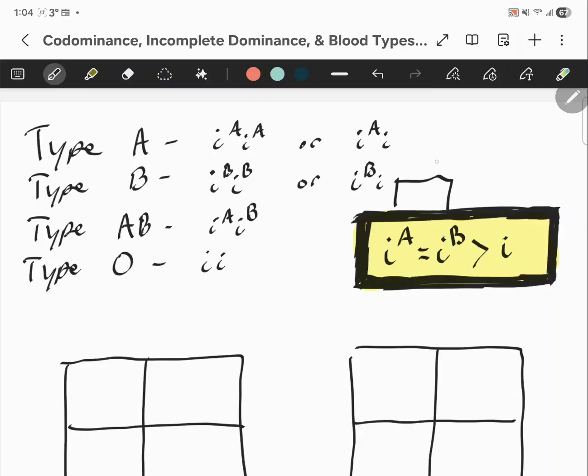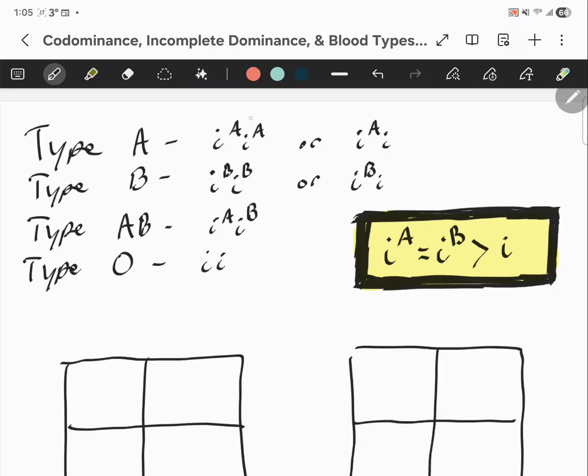They're both equally dominant. But type O blood is less dominant than either one of these. So type A blood is completely dominant over O, and type B blood is completely dominant over O. But type A and type B are equally dominant.